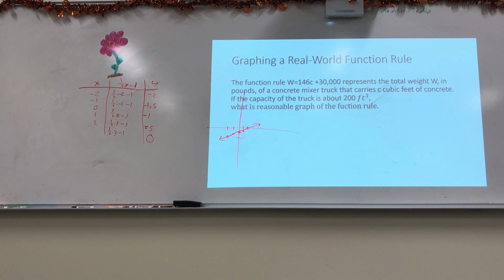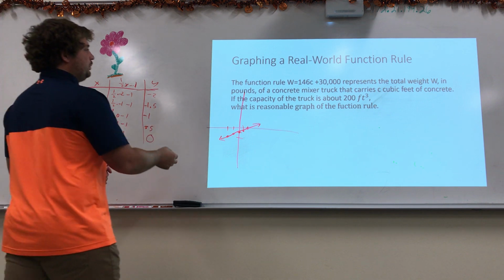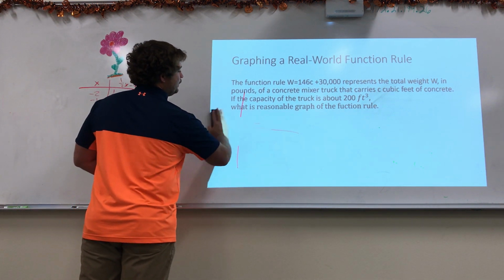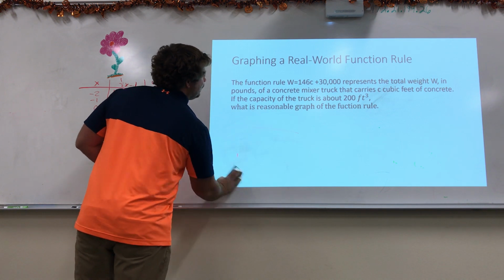Okay, so at this point, we want to know what is a reasonable graph of this function. This could be a fun one. Alright, so if we make a chart again, we go up to 200 cubic feet, which is our capacity.